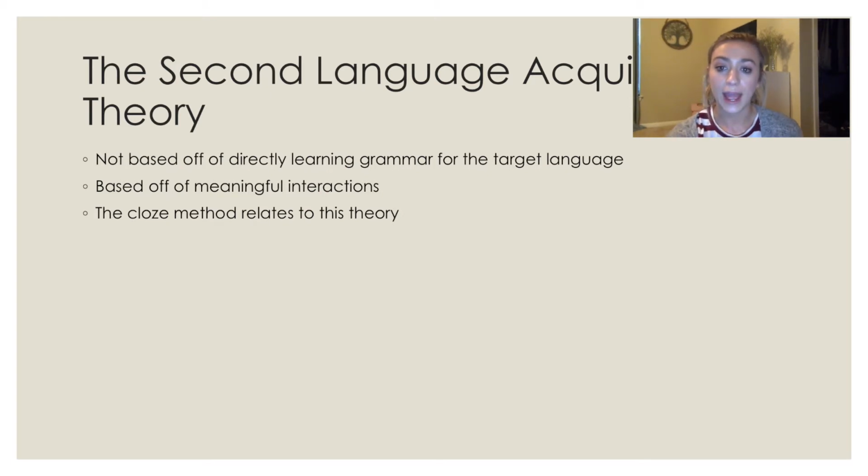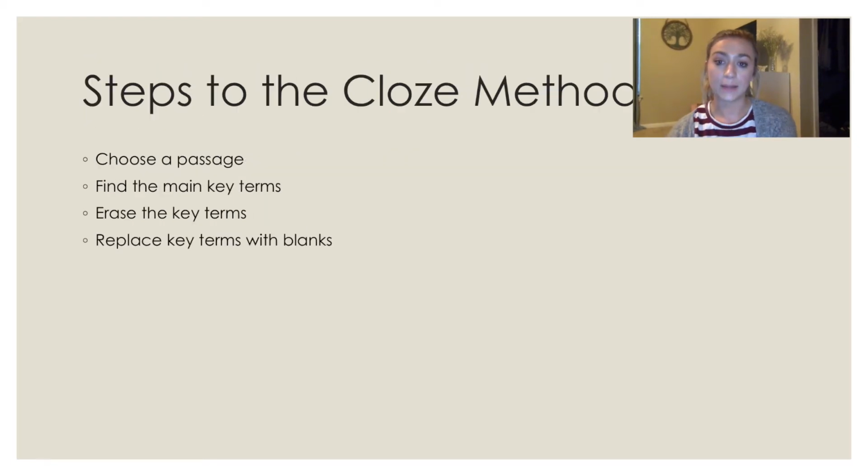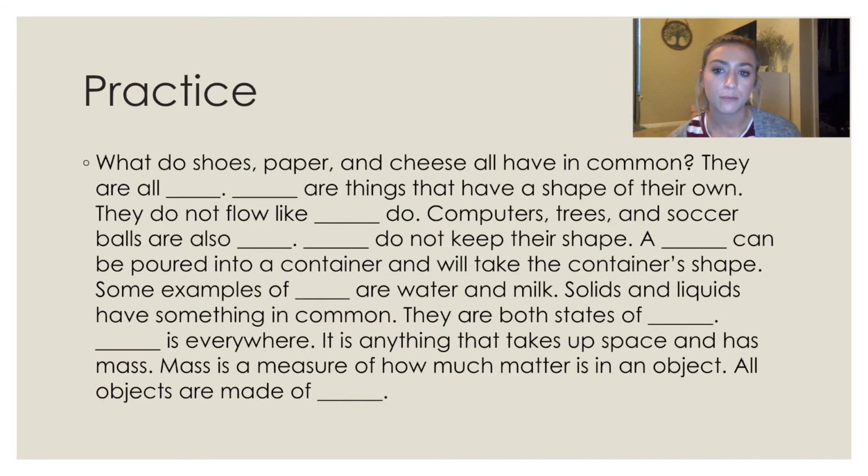So now we're going to look at a practice example of the Cloze Method. And so, like I said, I took a passage over solids and liquids, and I deleted the key terms, and I would present it to the students. So this says, what do shoes, paper, and cheese all have in common? They are all blank. Blank are things that have a shape of their own.